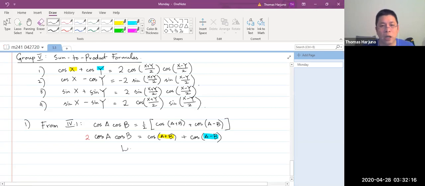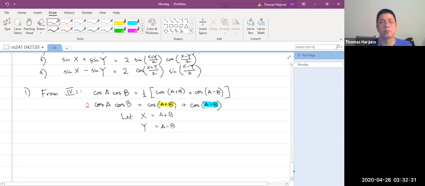So let x equal a plus b, and y equal a minus b. So basically, the right hand side will be cosine x plus cosine y. Is it right?